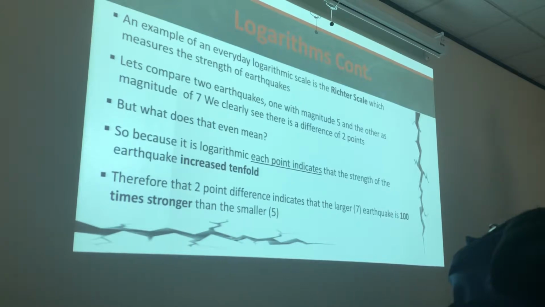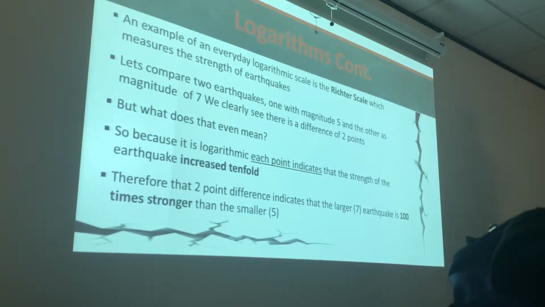Each point indicates the strength of the earthquake increased tenfold. Remember, 10 times 10 gives us 100, which is a log of 2. Just count your zeros when you have a number that is divisible by 10. So a 2-point difference indicates that the earthquake rated at 7 is 100 times stronger than the smaller earthquake of 5.